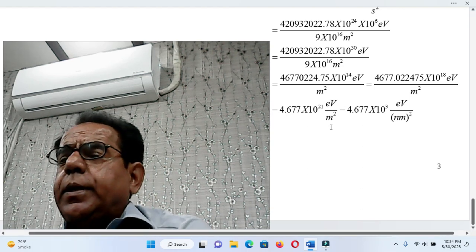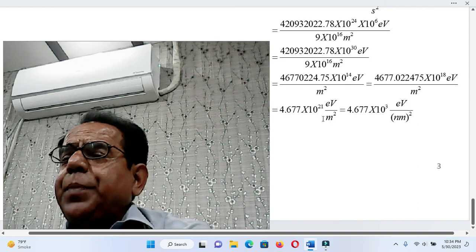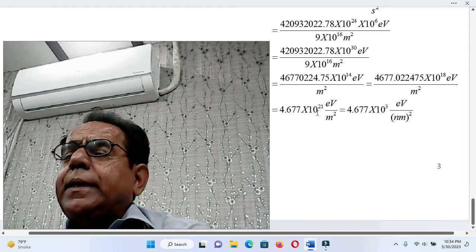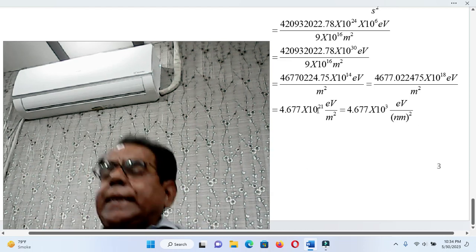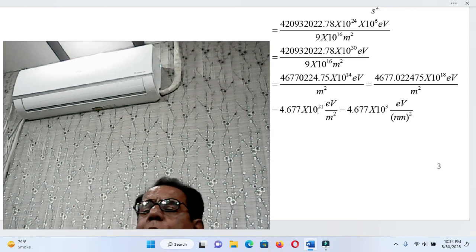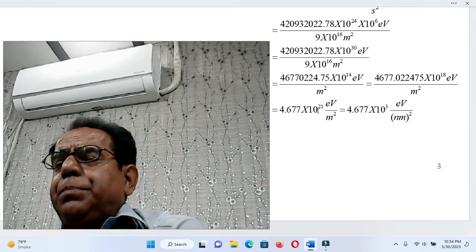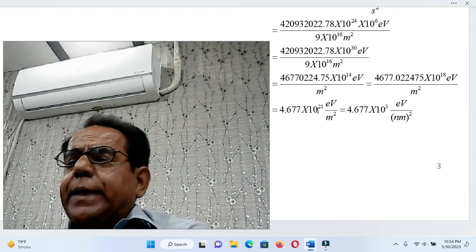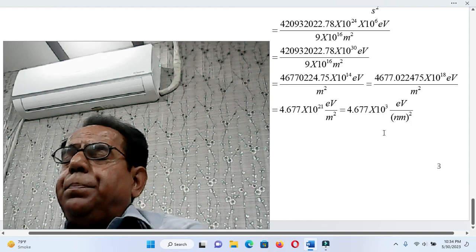So meter square is already present in the denominator, and from the numerator we will separate 10 raised to the power 18 from 10 raised to the power 21, and it will be shifted to the denominator, and hence nanometer square will become.